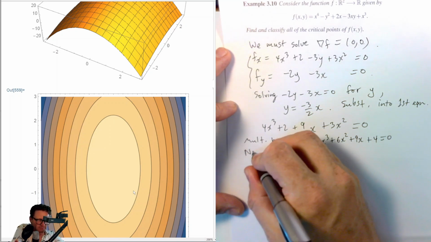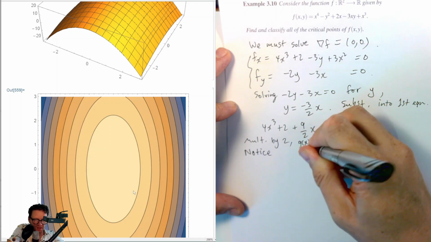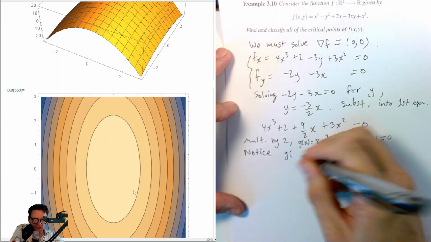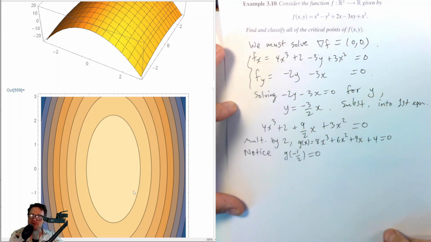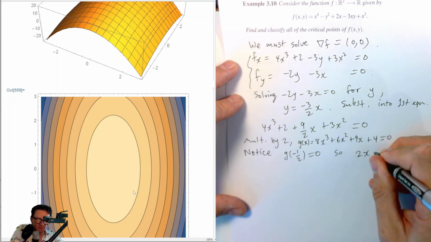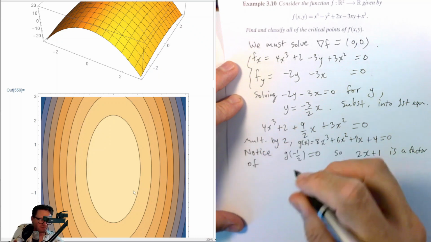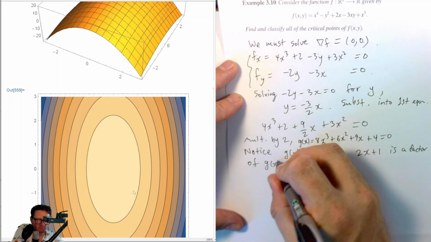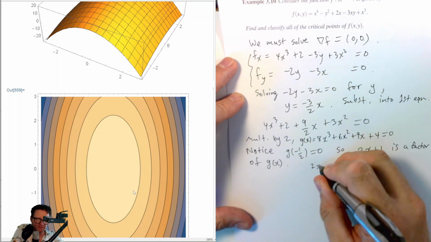So notice, now let's just call this g of x. Notice g of minus 1/2 gives 0, right? So you could sub that in and see that it gives you 0. So that tells you then that 2x plus 1 is a factor of g of x. Okay, and then you could do long division.